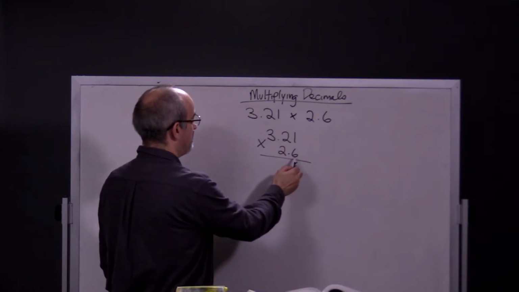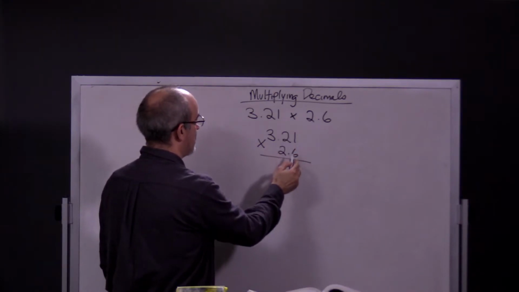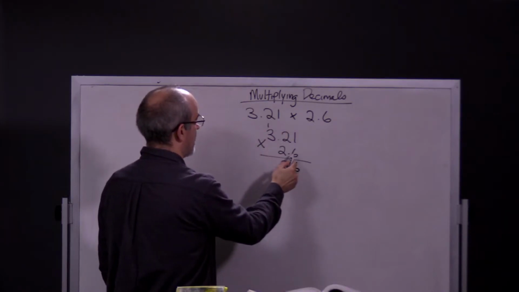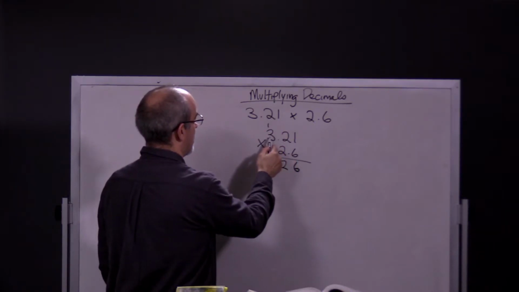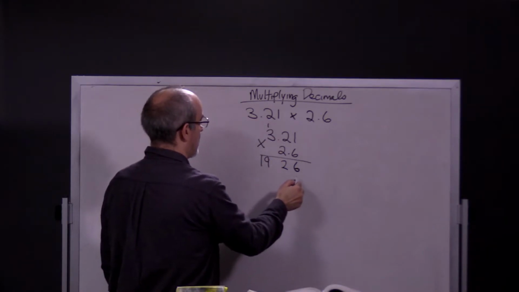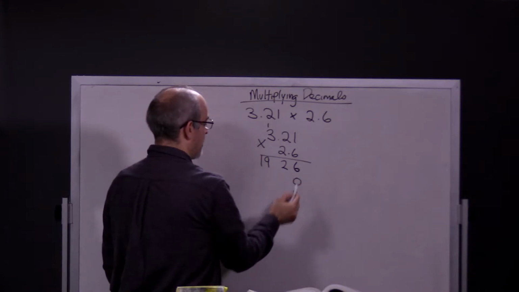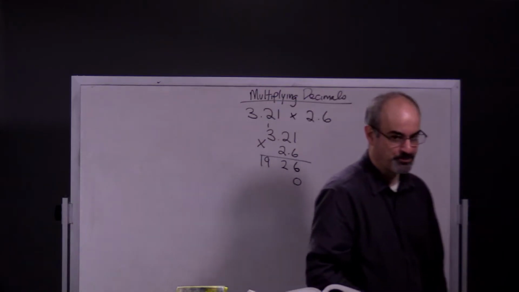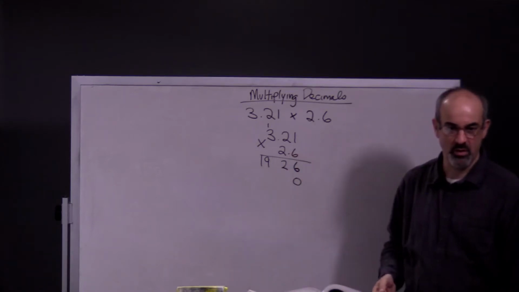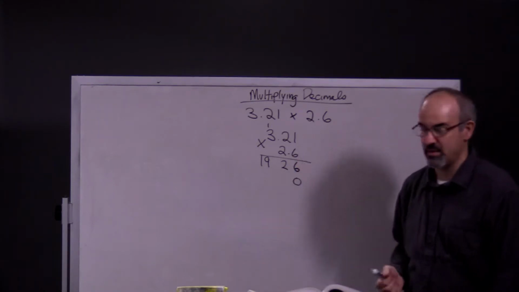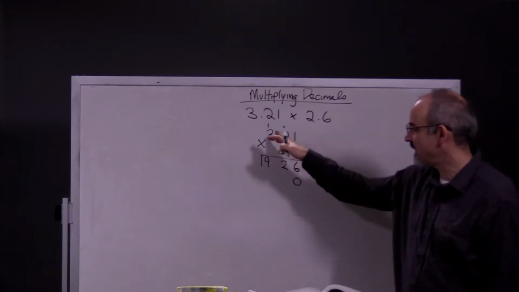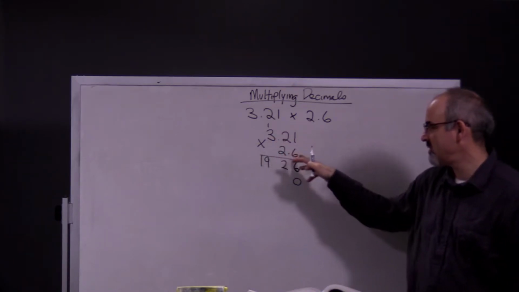6 times 1 is 6. 6 times 2 is 12, so I'm going to carry the 1. 6 times 3 is 18 plus the 1 is 19. Now you have to put a 0 there because we're multiplying by 2, but we're pretending that the decimal's not there, so this is 321 times 26.